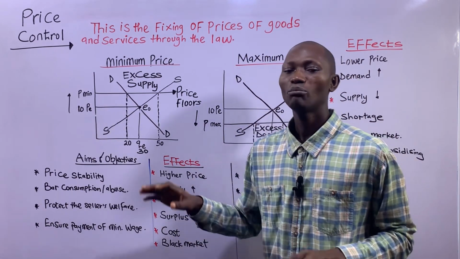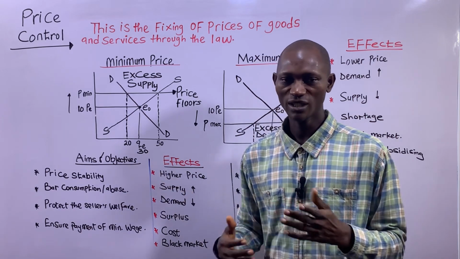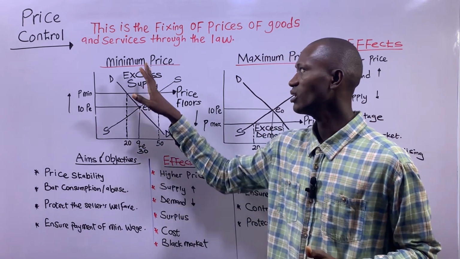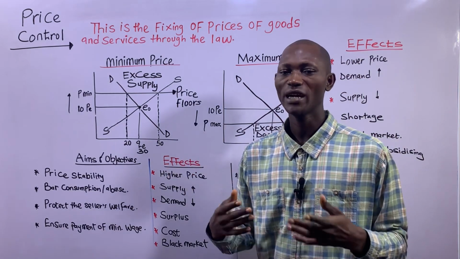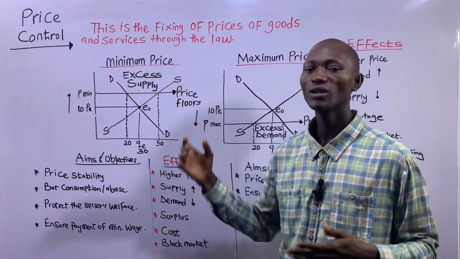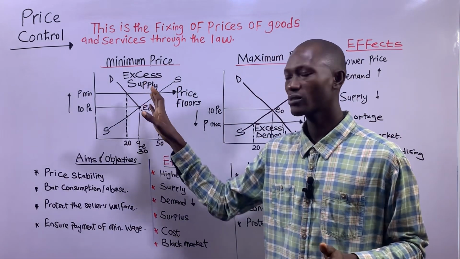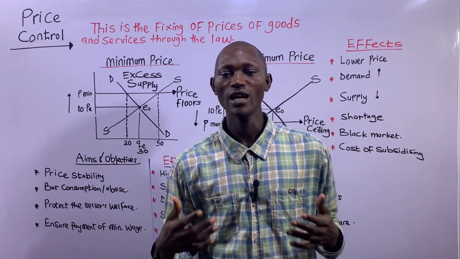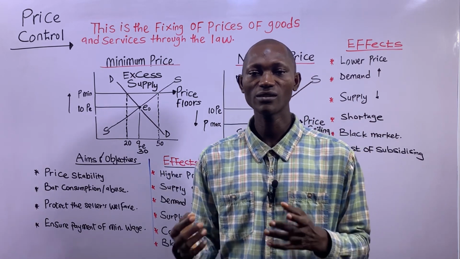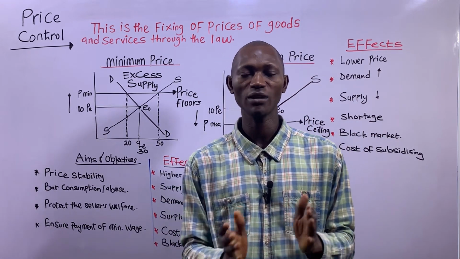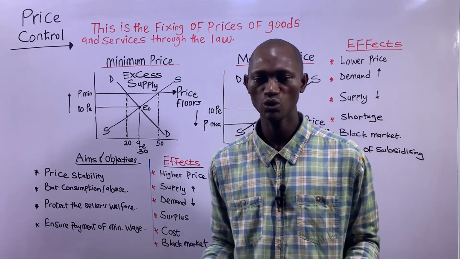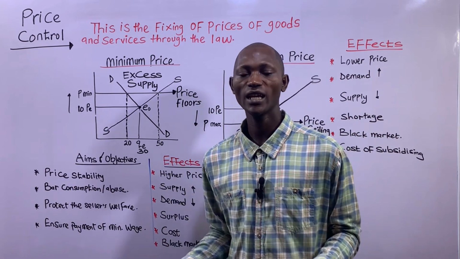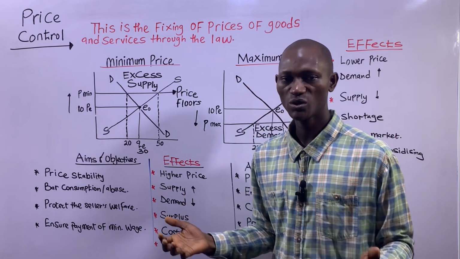Price legislation, let's concentrate on that now, is the fixing of prices of goods and services by the government through the law. Governments will come out and say publicly that this is the price at which these particular goods or services must be sold by the seller or producers.